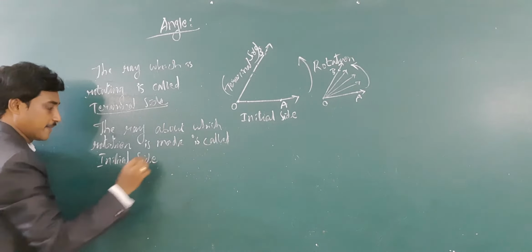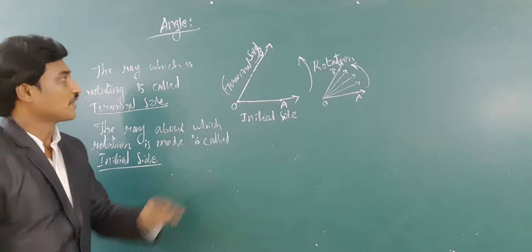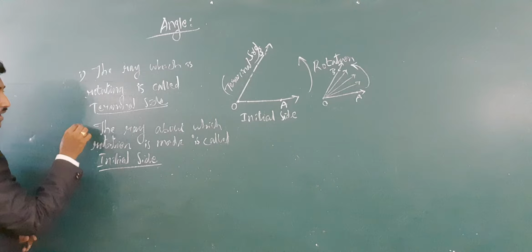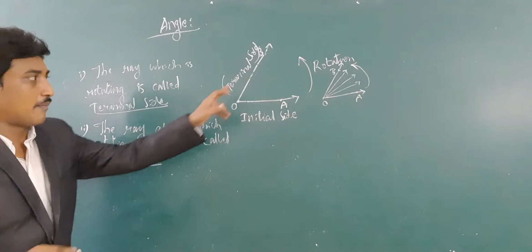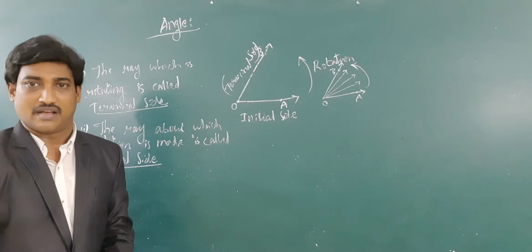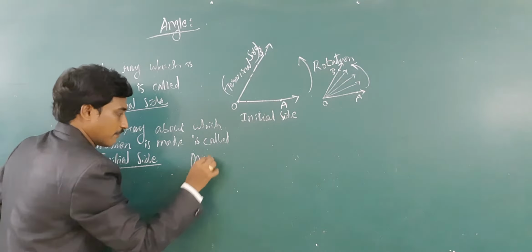Here OA is the initial side, OB is the terminal side, and the common endpoint O is called the vertex of that angle. Now measurement of an angle.